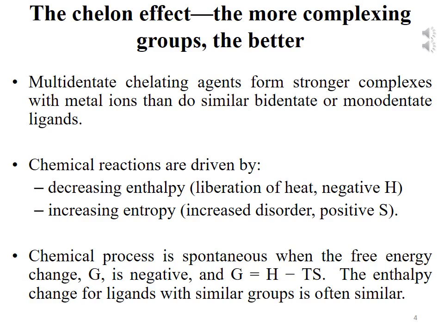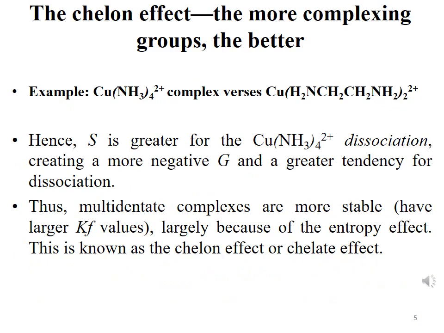The enthalpy change for ligands with similar groups is often similar. For example, 4 ammonia molecules complexed to copper 2+ ions, and 4 amino groups formed from 2 ethylenediamine molecules complexed to copper 2+, result in about the same release of heat.